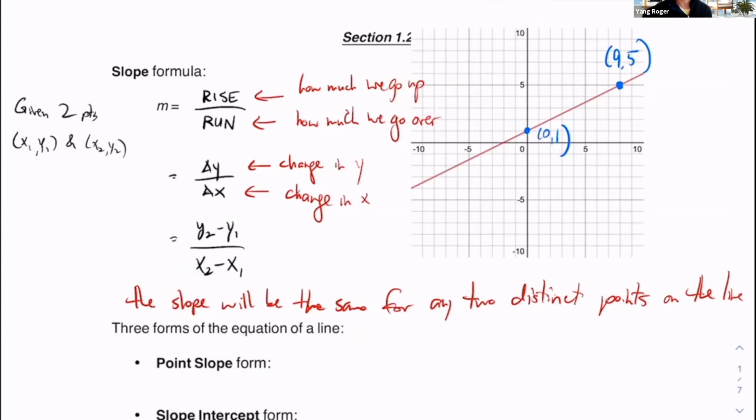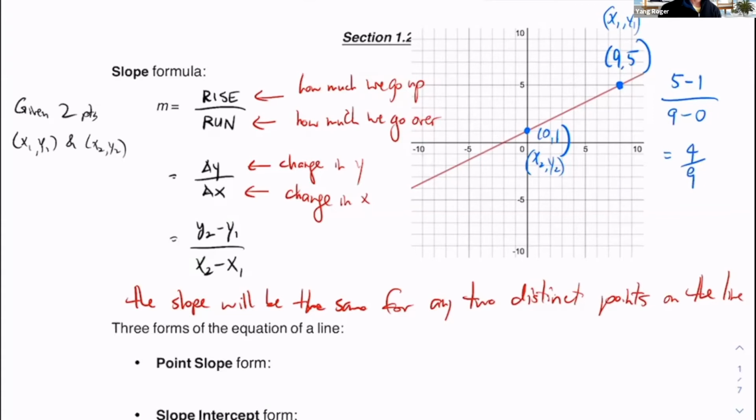If you're careless about that, you want to explicitly label your points. Let's have this one be x1, y1, and this one be x2, y2. Once you label it, you won't mess it up. It'll just be 5 minus 1 over 9 minus 0, and that's going to be equal to 4 over 9.